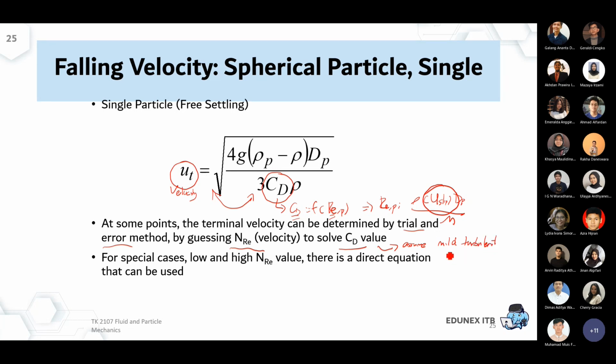If you remember the previous example or exercise, by assuming a mild turbulence, we know that the CD is 0.44, right? By knowing this number, we can put the CD into this equation, so we can calculate the UT.